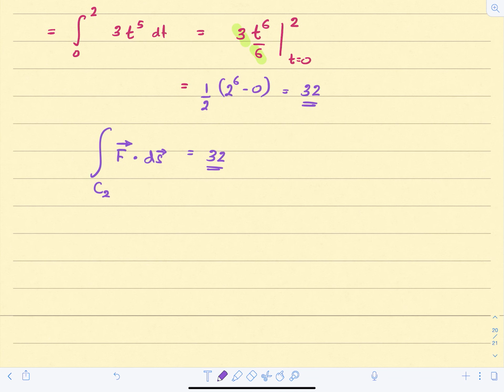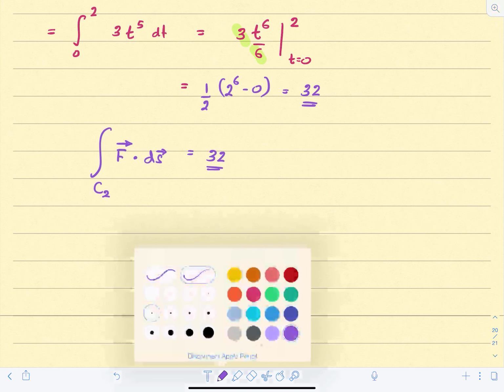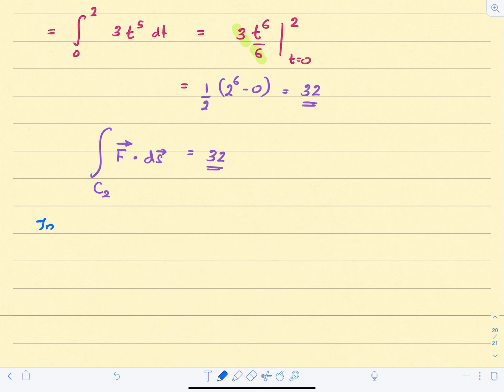Now in general this is not true. Actually it depends on the vector field. So in general, this is not true.